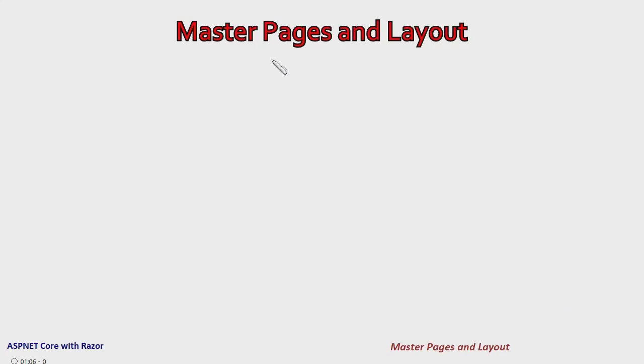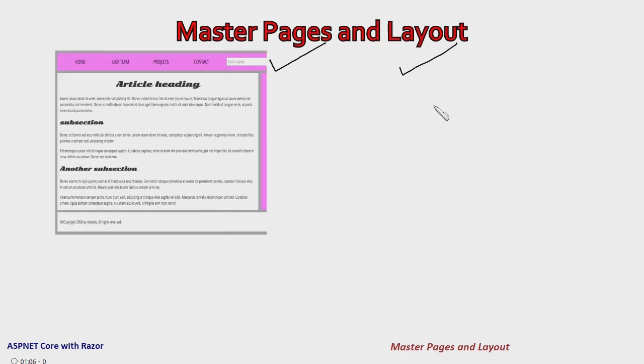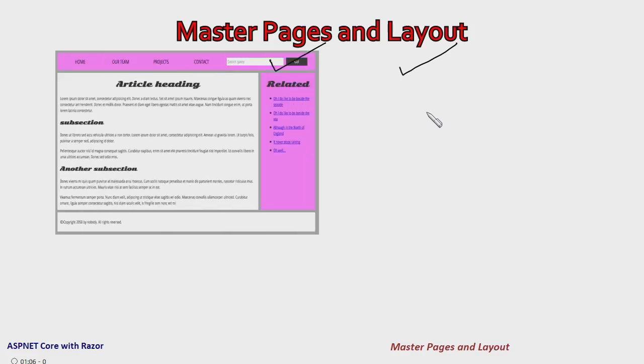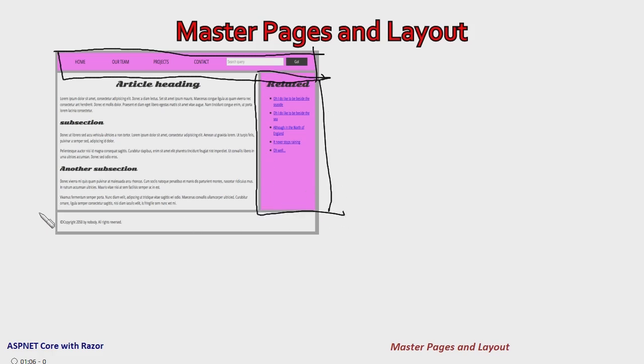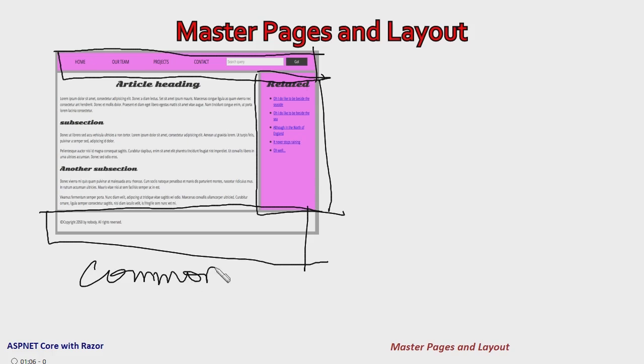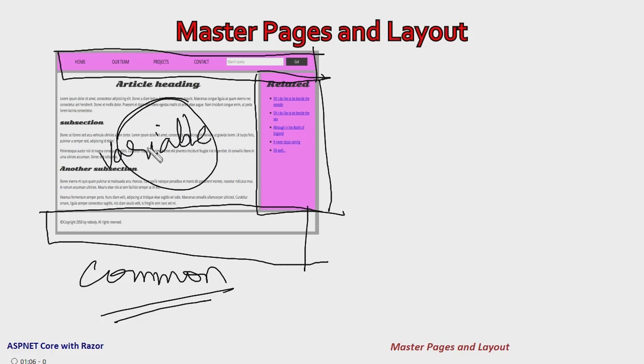In this tutorial we shall learn master pages and layout. So this diagram explains what I mean by master page. This part is called the header. This is some menu part, and this is some footer part. This part is common to all the pages of a website usually, as we see, and this internal part varies with each page.